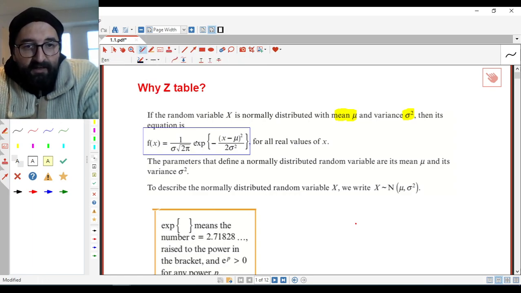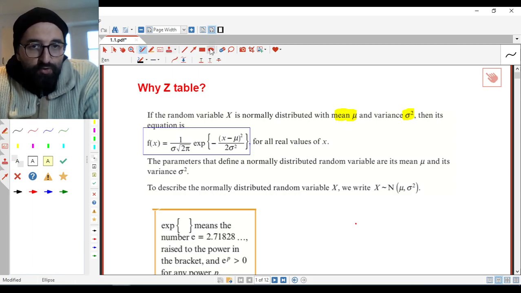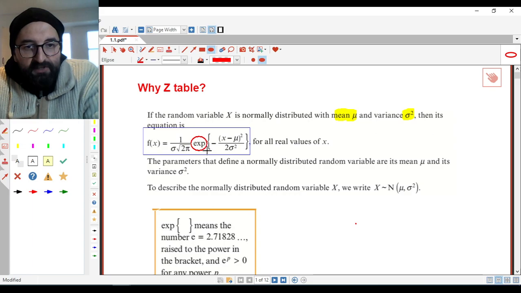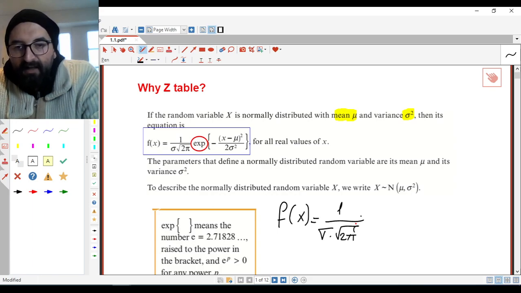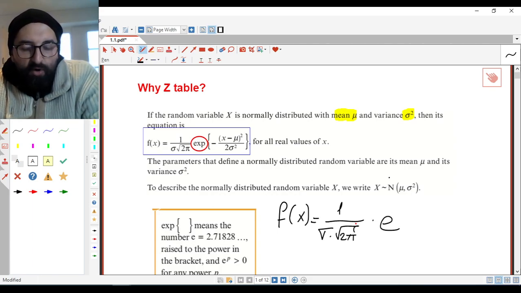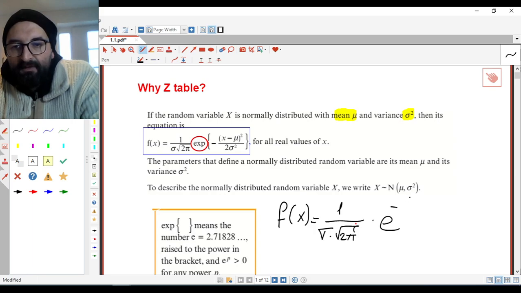In this function, the notation exp means f(x) is 1 over sigma times the square root of 2 pi, and e is Euler's constant, to the power of negative (x minus mu) squared over 2 sigma squared.